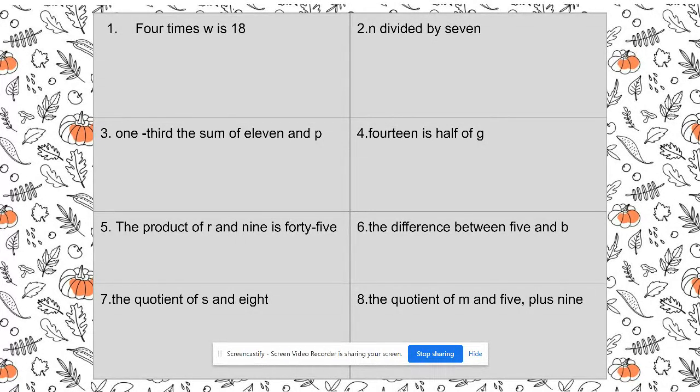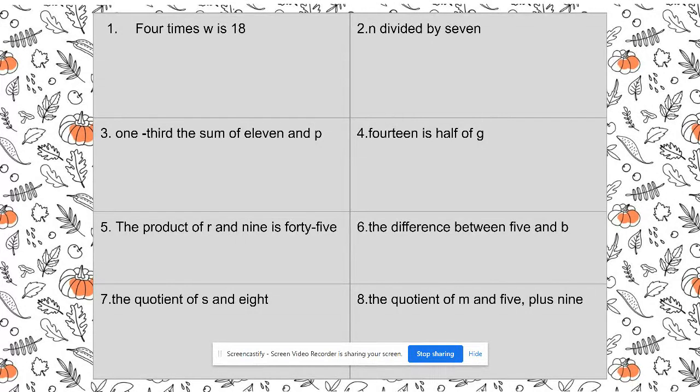The difference between 5 and B. What does difference mean? Subtract. Between 5 and B. So how can we do that? 5 minus B. You've got to look for your key words to tell you what operation we're going to be working with. All right, number 7, the quotient, division of S and 8.